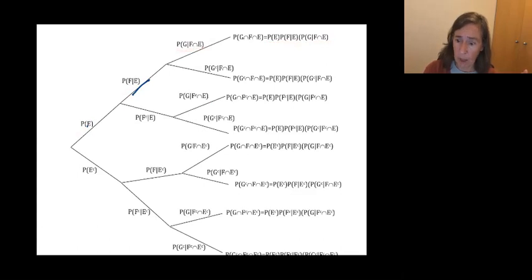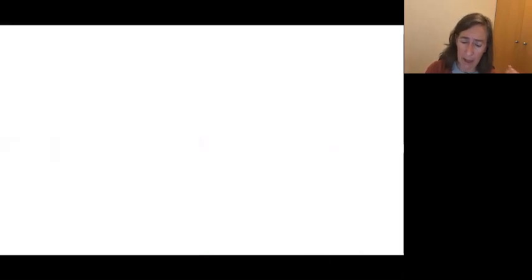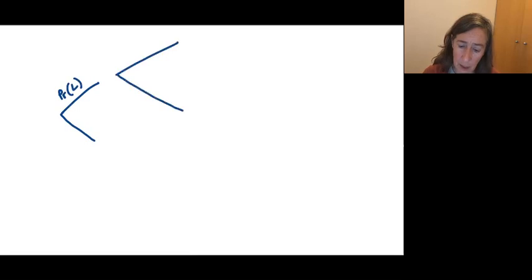Okay. I think I want to go back actually to the smaller tree, the tree with ideologies in it, where you had the probability of being liberal here, and then if we went down this part of the tree, on the next set of edges, we had the probability of being progressive, conditional on being liberal, and the probability of being traditional, conditional on being liberal.